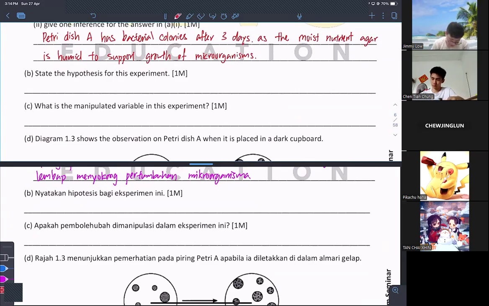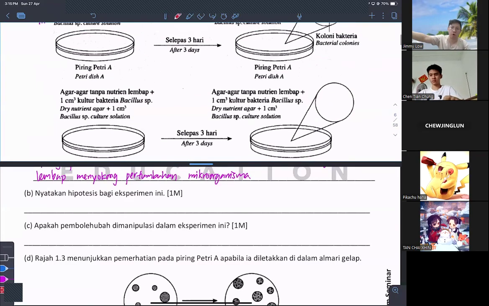So you can say moist nutrient agar. You take both MV to do comparison. We use the one comparison way to answer because this one is easier. Because if you say the more the humid, the more the bacteria grow, you see logic or not? Not really, because there's no the more the more.